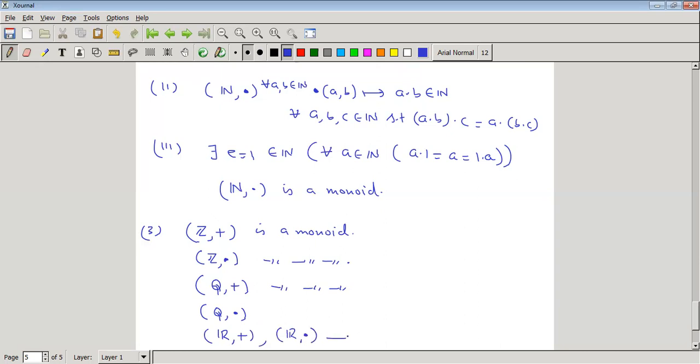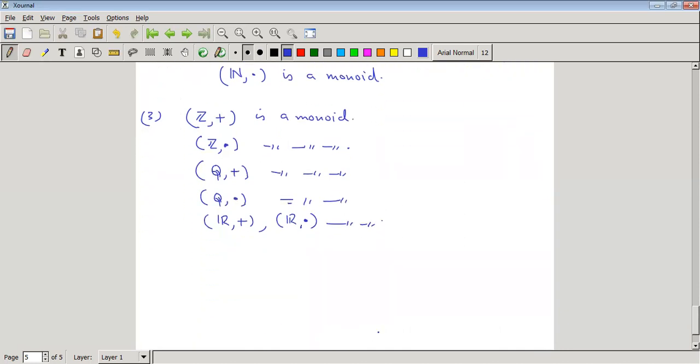They all form monoids. Is it clear? Up to this, whatever we have discussed, you revise the content, then you proceed.